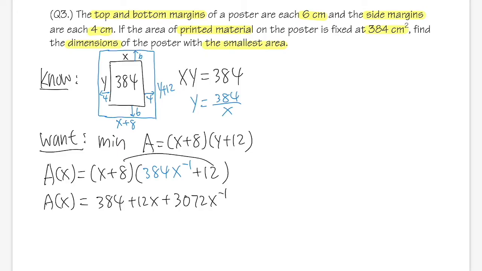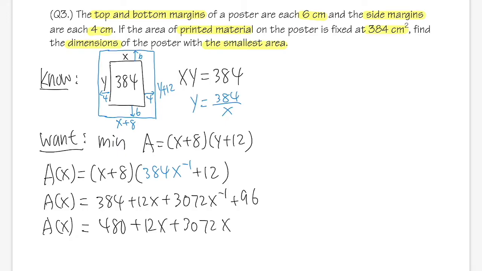And lastly, we do 8 times 12, and that will be plus 96. We can combine this and that together, and that will give us 480. We don't really need to do that, but I'll still do it anyway. 480 plus 12x, plus 3072 x to the negative 1.